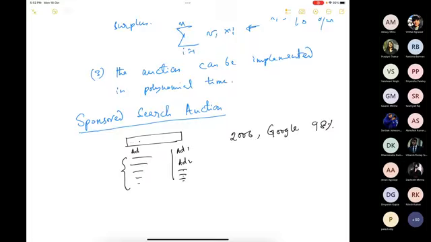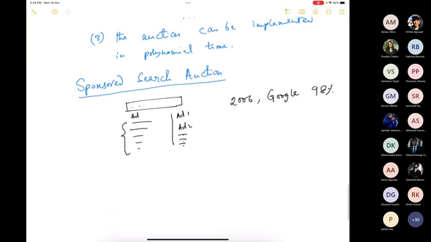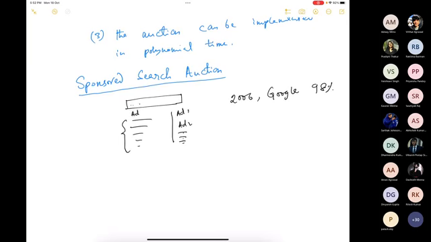Okay, and typically from history, for a fixed keyword, there is something called click-through rate, CTR in short. So suppose there are k possible ads which are fighting for these slots, and Google has this data called click-through rate.